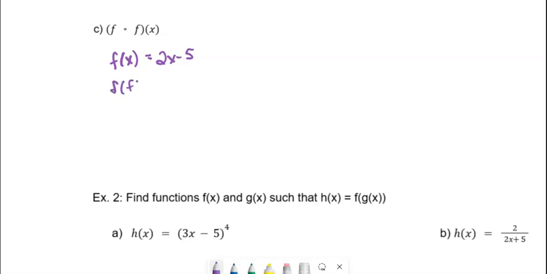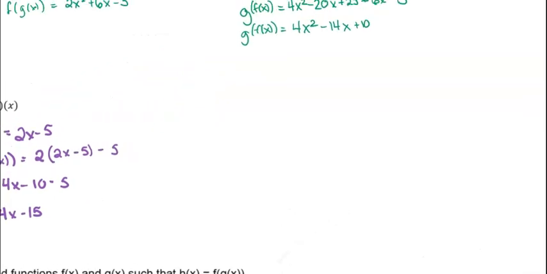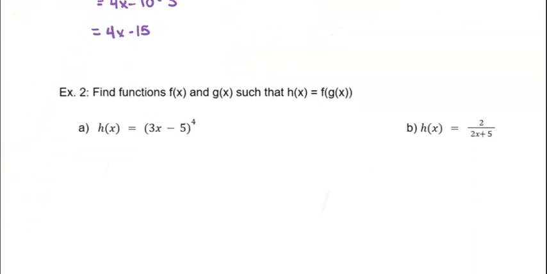So f at itself is 2, and instead of x, I'm writing what f is. Then I simplify: 4x minus 10 minus 5. I can do the same thing for g of g if I wanted to.